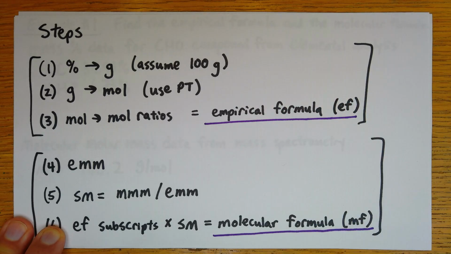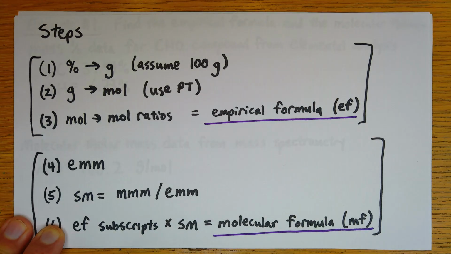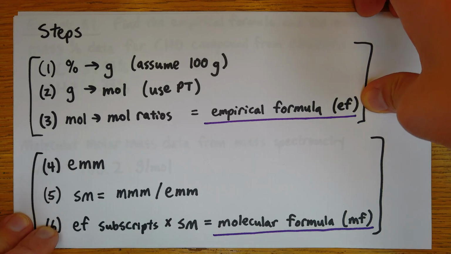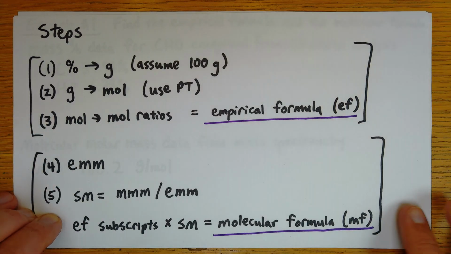That technique does not always work if you were not given the molecular molar mass. So if you're really curious, feel free to message me. But otherwise, I think most people will be better off not knowing about that other technique.